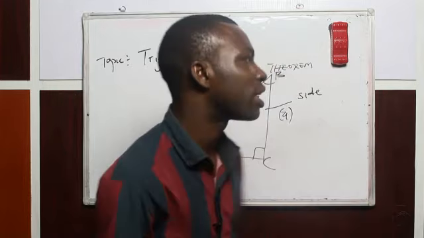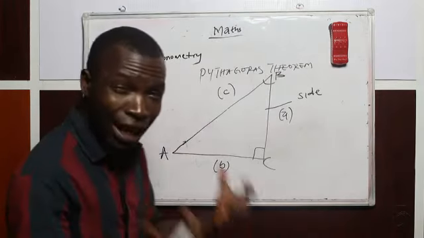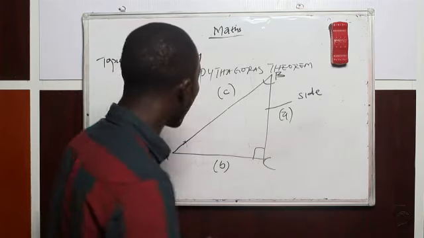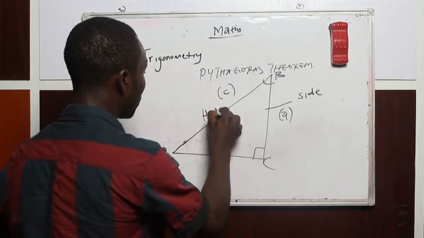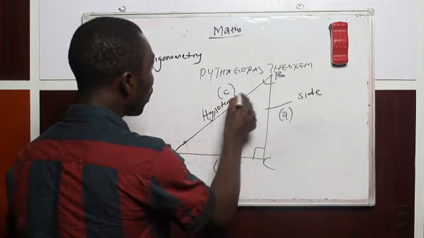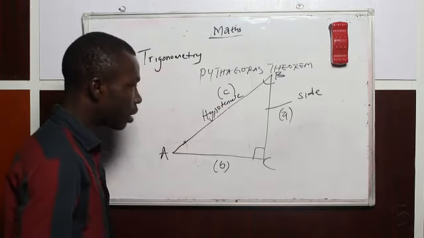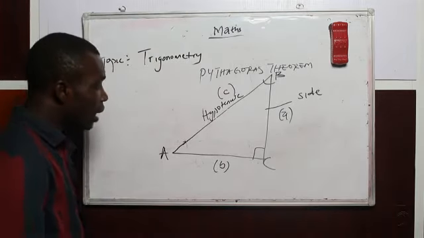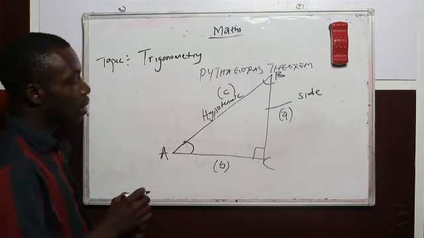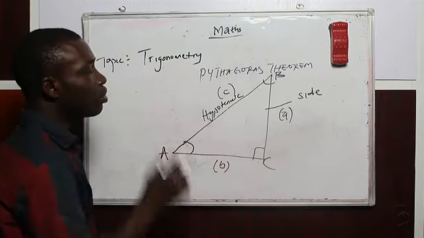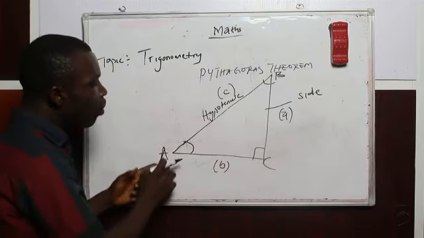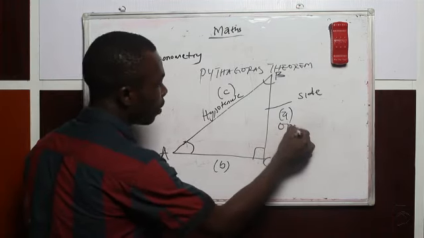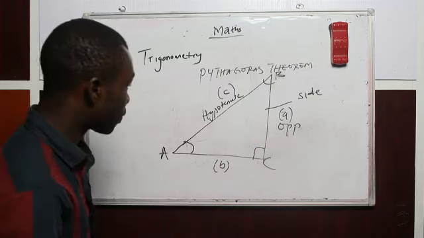Therefore, the longest side of the right angle triangle, according to Pythagoras, is called hypotenuse. The longest side of any triangle is called hypotenuse. Let's consider this angle A because we have 3 angles inside this triangle. Angle A has its opposite side A, so it's called opposite.